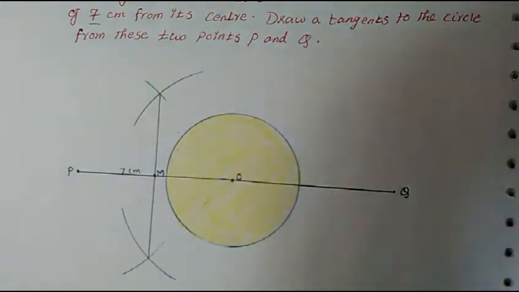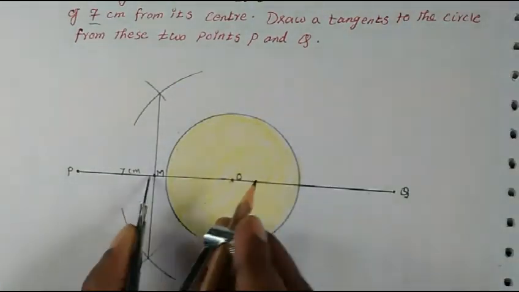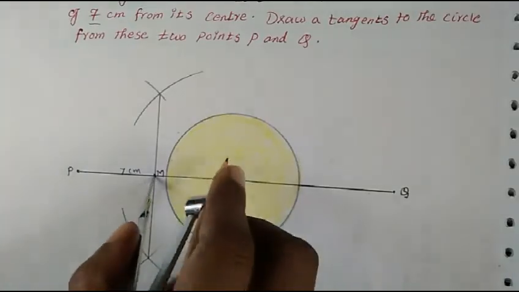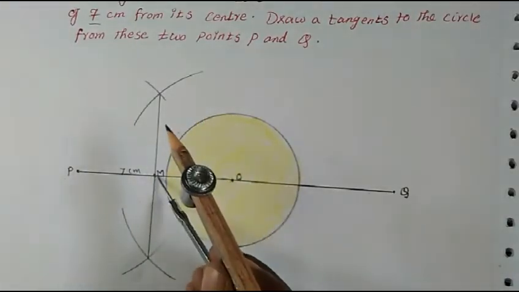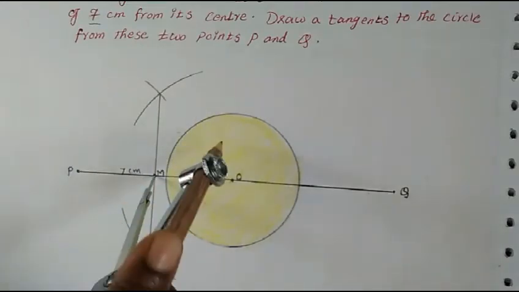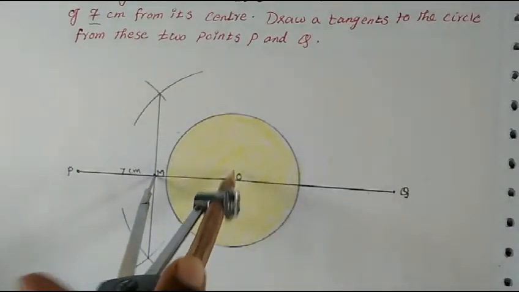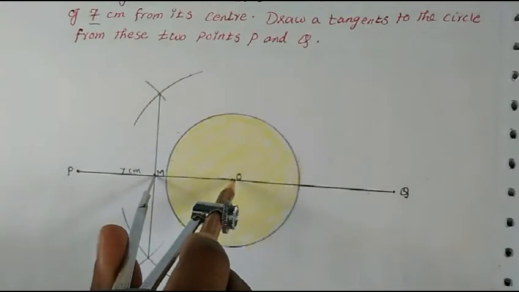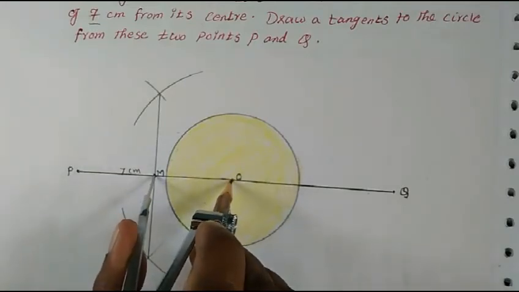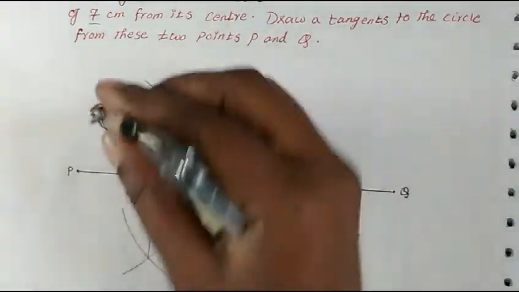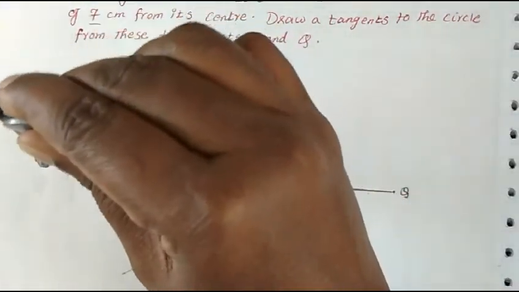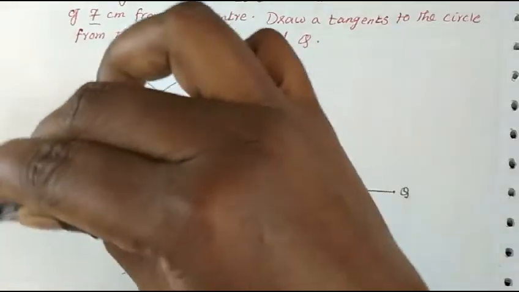Okay, keep this midpoint as a center and measure this. Okay, now both the sides we should have the same measurement. So here also same, here also same. And draw the circle.